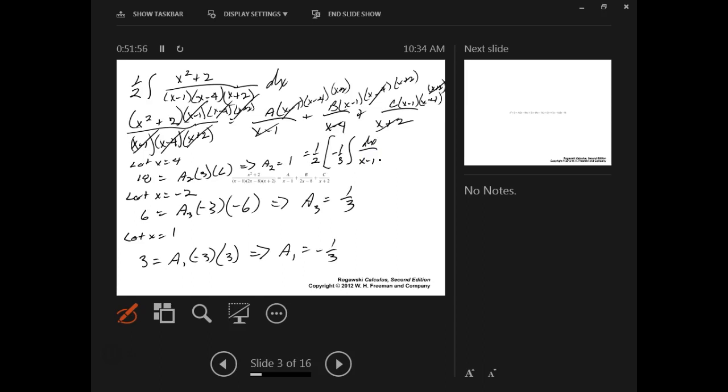That's how we broke it down. Plus 1 times the integral of dx over x minus 4, right? Plus 1/3 the integral of dx over x plus 2, right?